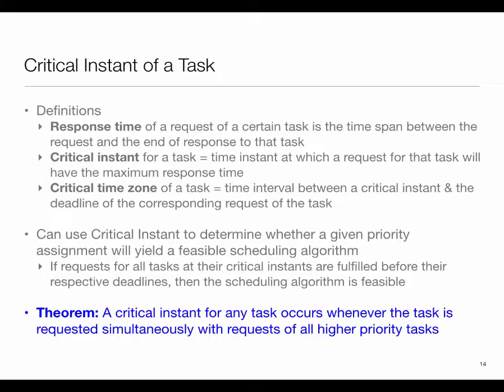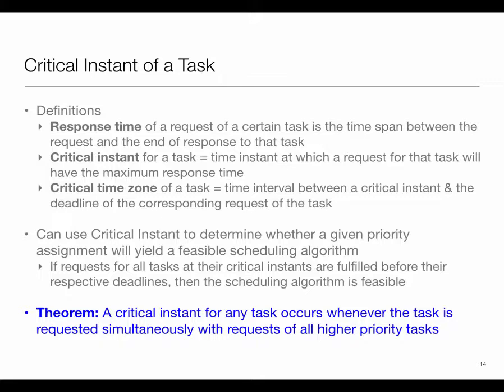Well, the critical instant theorem says that a critical instant for a task, which we define as that situation where it will have the worst case response time, that is, it will take the longest to finish, occurs whenever the task is requested, that is, a job of this task comes simultaneously with requests of all higher priority tasks.